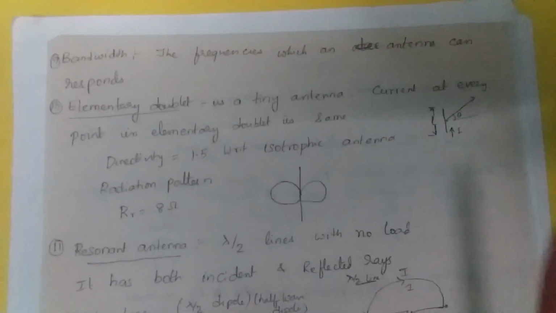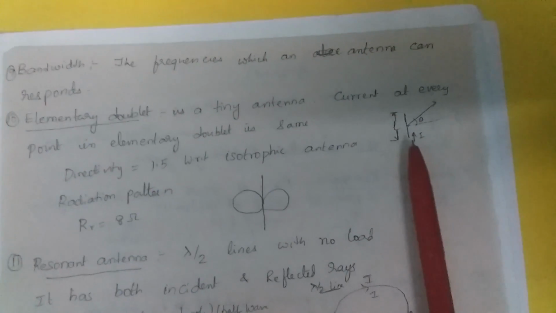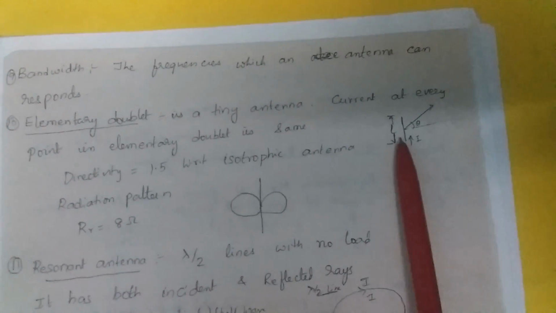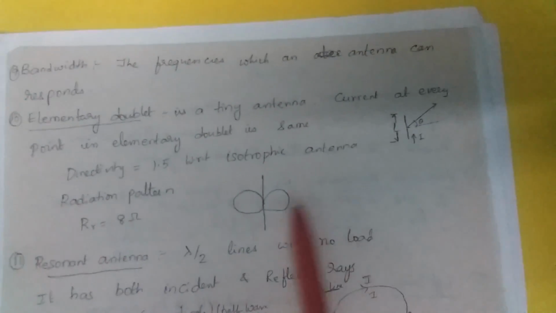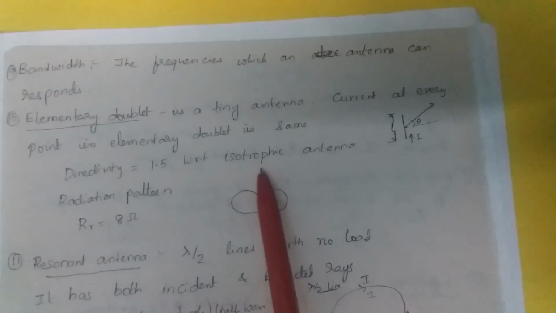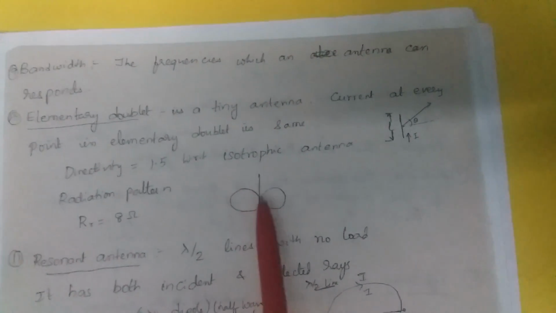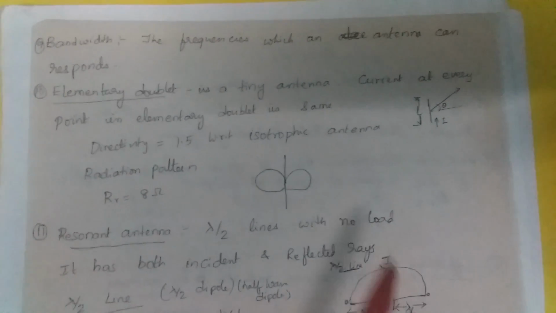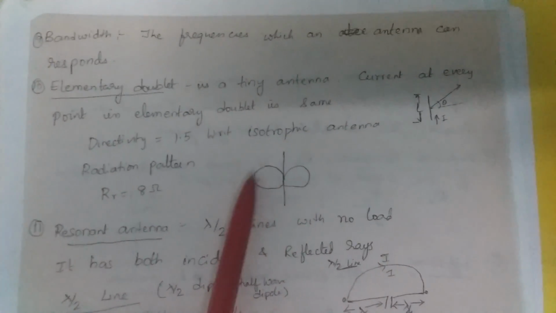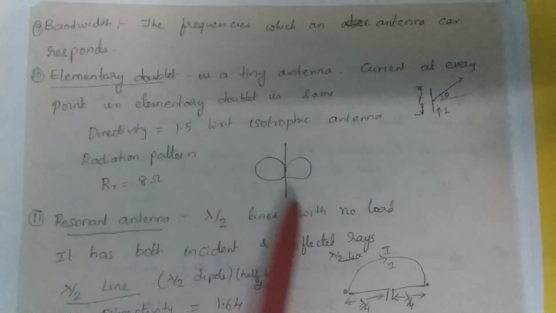So as theta falls to 0, the radiation pattern due to this and the radiation pattern due to this cancel each other out. When it is in line with the antenna, the radiation pattern becomes 0. So the radiation pattern of an elementary doublet is that of a figure of 8.